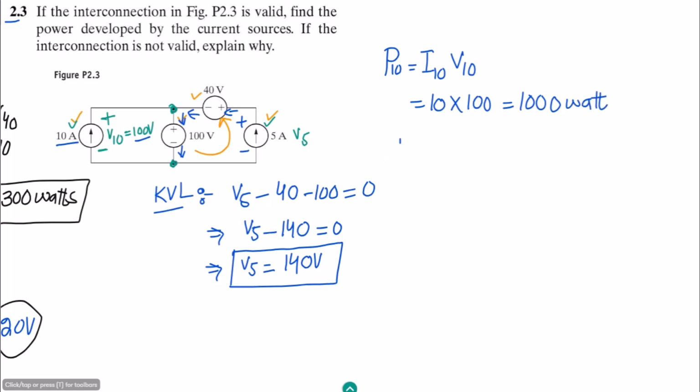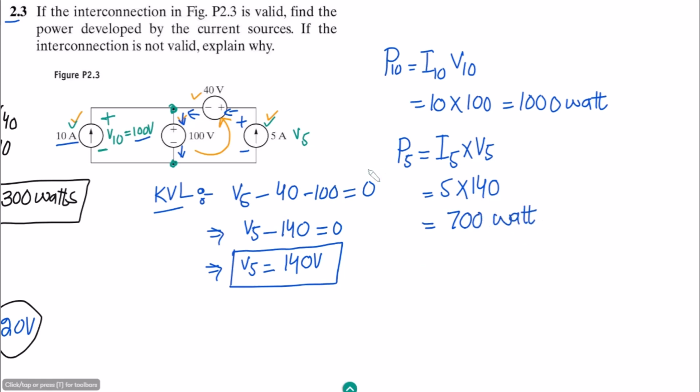And the value of the power which this 5 amp source is developing, let me call it P5. This is also I5 multiplied by V5. Do we know the value of I5? Because this is the current source, that is already known. 5 amperes multiplied by V5, and that is 140. So finding it out, what will we get? It will be 700 watts.